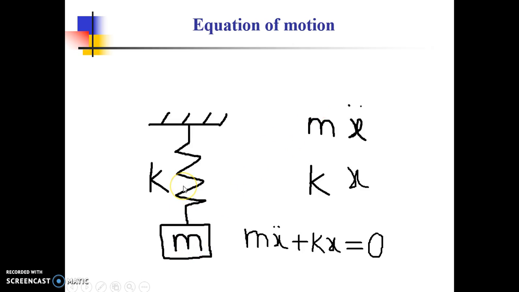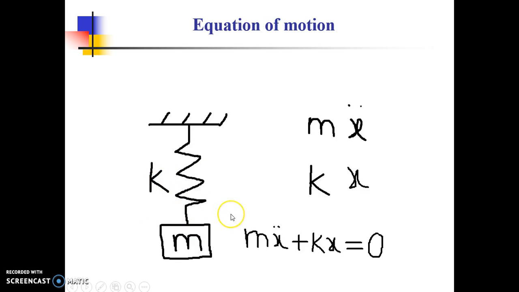The physical configuration can be converted into a schematic representation, and we can provide the corresponding nomenclature. For the spring we will consider K, and for the mass we will consider M. There are two forces associated with this.